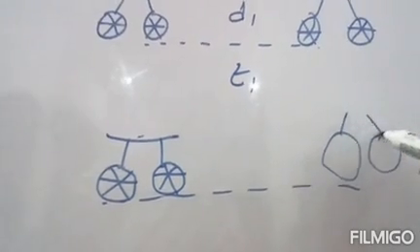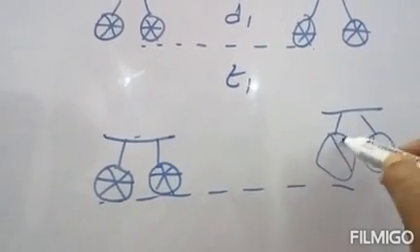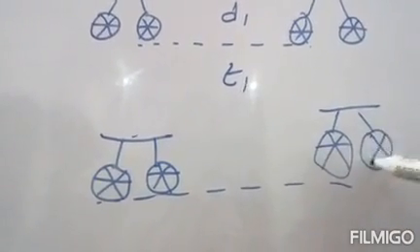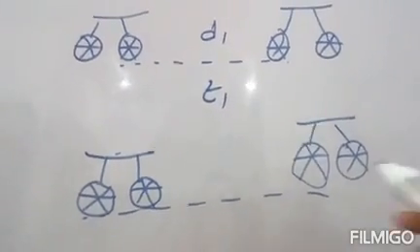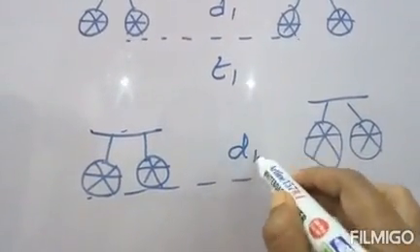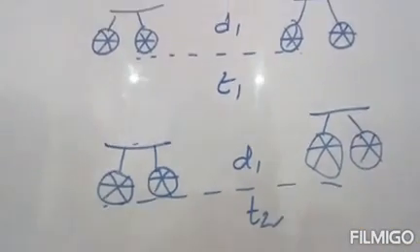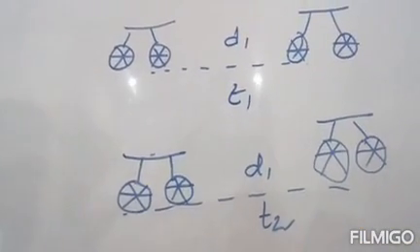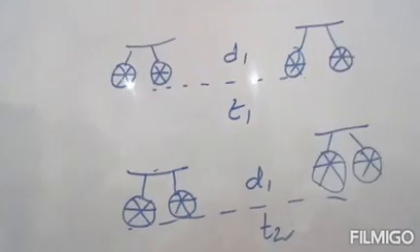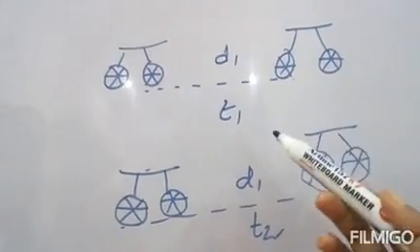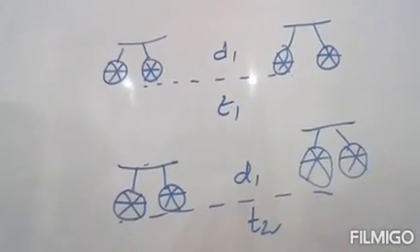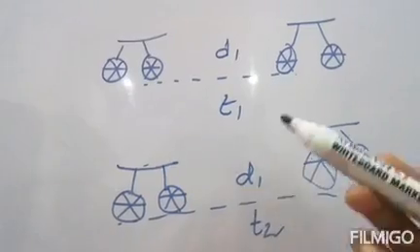Maybe you covered the distance very fast and your friend covered the distance slowly. Let the distance be d1 and the time taken be t2. Now how can I compare whether you were fast or your friend was fast? Who was slow between you two?